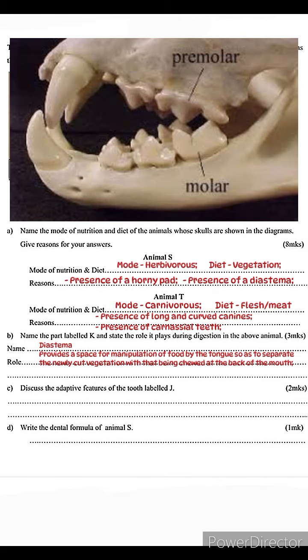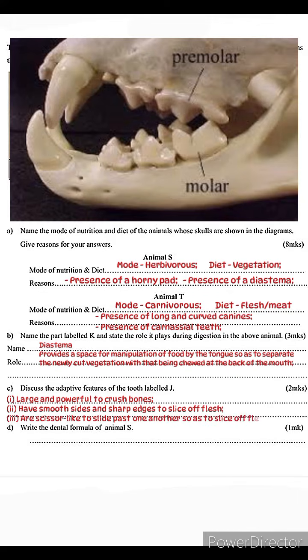Number one is that they are large and powerful to easily crush bones. Number two is that they have smooth sides and sharp edges to easily slice through flesh. And last one, they are arranged in a way that is scissor-like, to enable them to easily slide past one another and therefore slice off flesh.